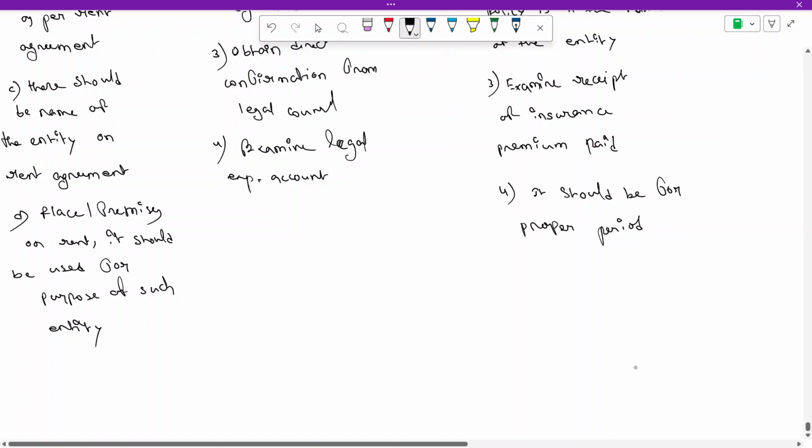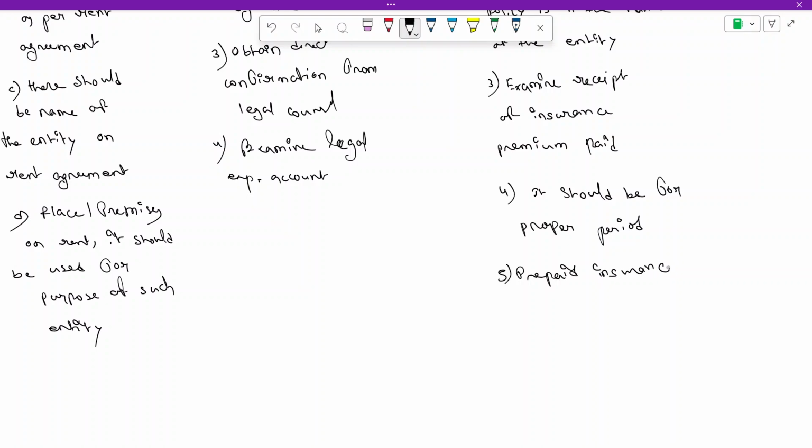And also prepaid insurance shall be classified.